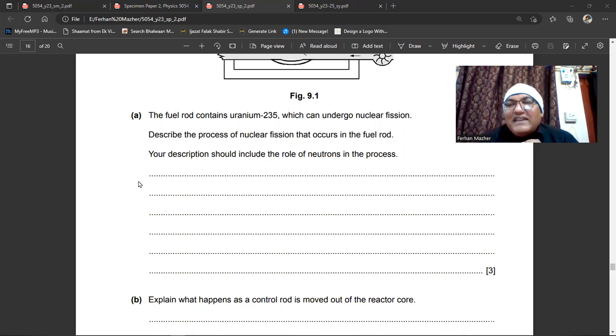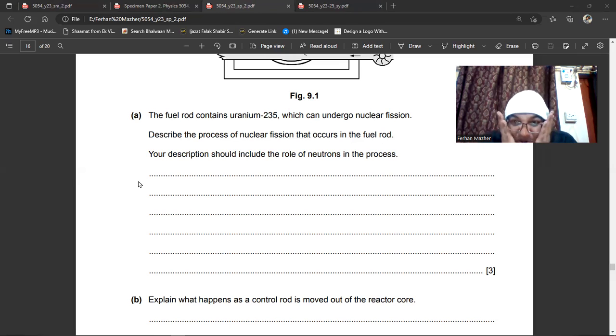One of them is barium, the other one is krypton. And when this happens, when the uranium nucleus breaks and two smaller new nuclei are formed, three neutrons are also given out, and a lot of energy is also given out. So those three neutrons can hit three more uranium nuclei, and this process continues.